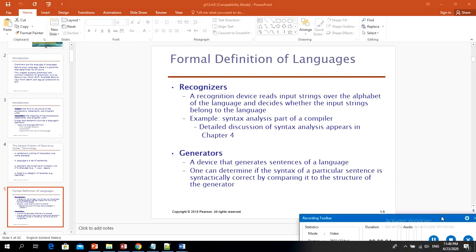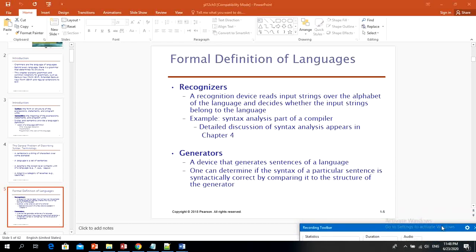So these recognizers will tell the compiler whether to continue processing this language or not. Like the syntax analysis part of the compiler, for example, decides whether the compiler should go ahead with these expressions and process them for the next step.